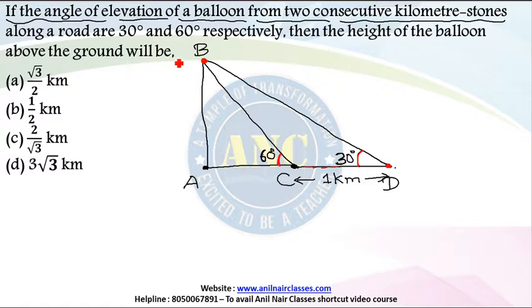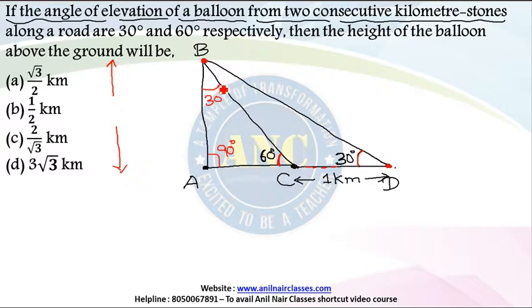Then the height of the balloon above the ground will be, in simple language, AB value they are asking. Find the value of AB is what they are asking in the question. Now again, same logic, same analogy I will use. In the smaller triangle ABC, angle A is 90 degrees, angle C is 60, so angle B should be the remaining 30 degrees.